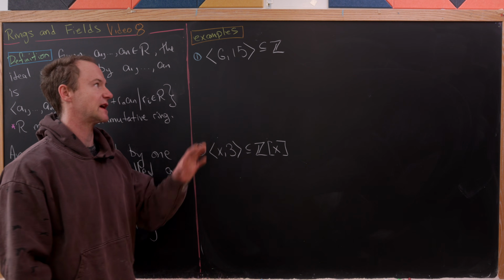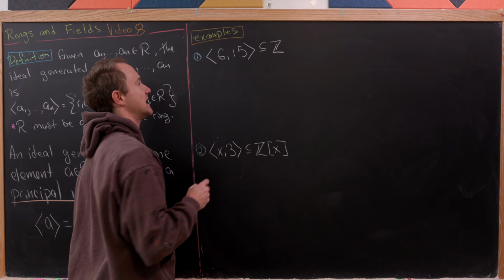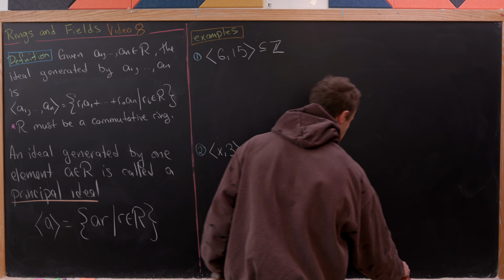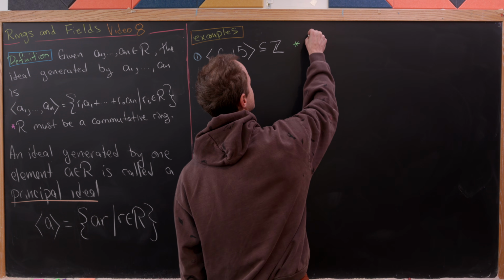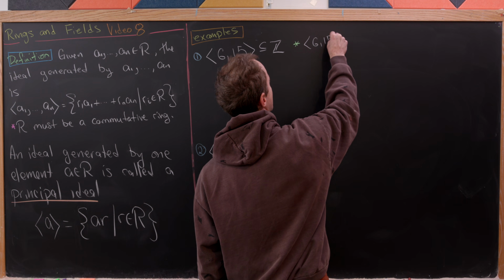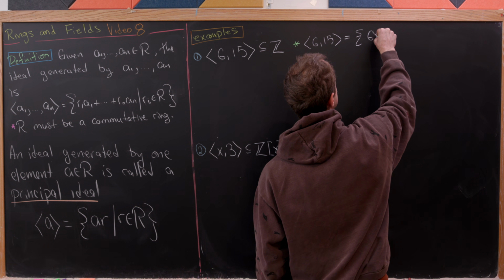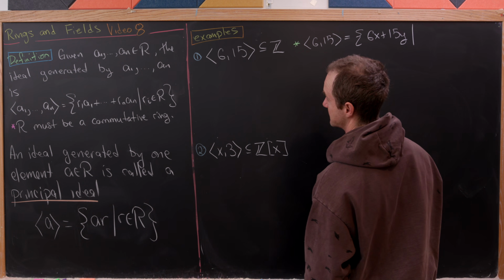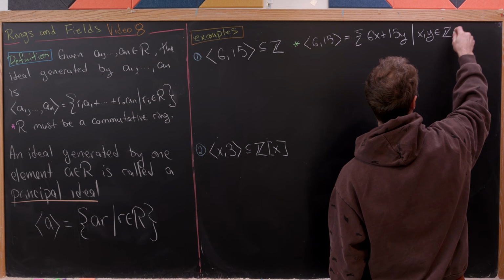So for our first example, we'd like to look at the ideal generated by 6 and 15 as an ideal of Z. So let's first maybe write that out using our definition over here. The ideal generated by 6 and 15 is going to be equal to everything of the form 6x plus 15y, as x and y run over all integers.